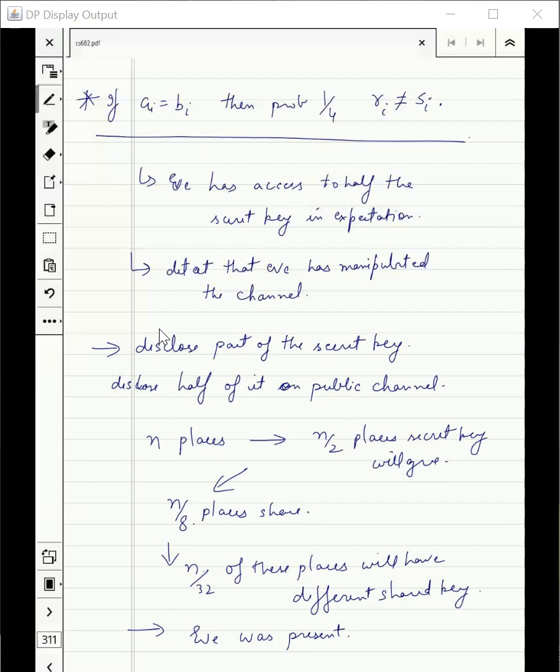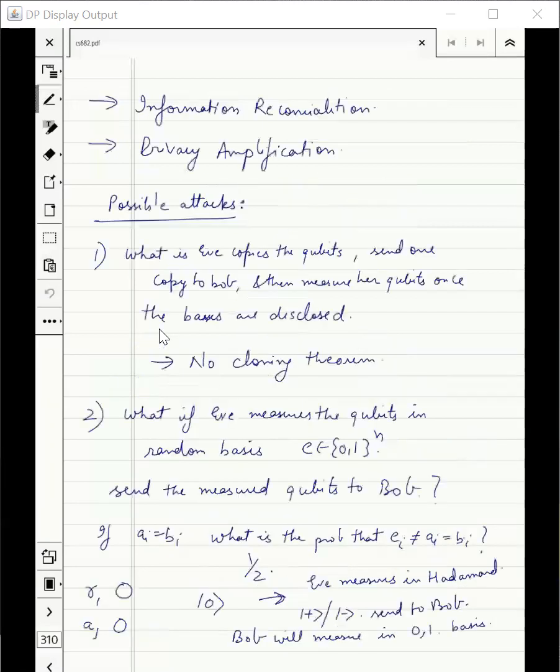No, that is not correct. I mean, Alice and Bob decide that, like, one would be the standard basis and zero would be Hadamard. So with half probability she will choose the correct basis, and if she measures, then she has the whole string, right? No. E is again a string of length n. Why will she measure everything in the same basis?